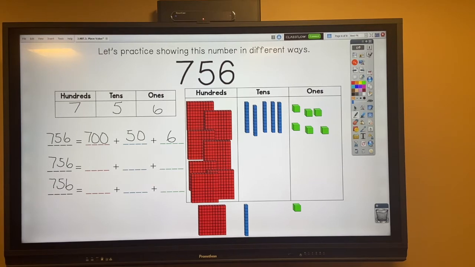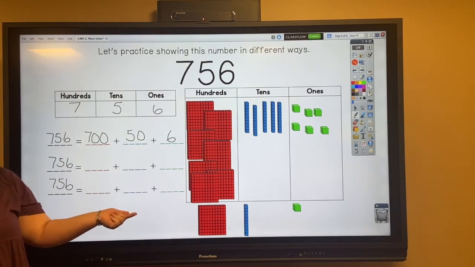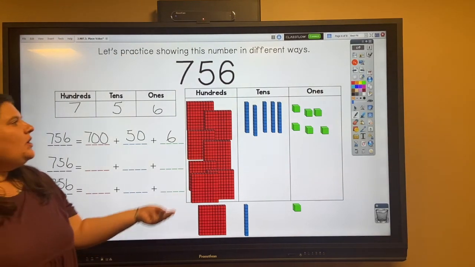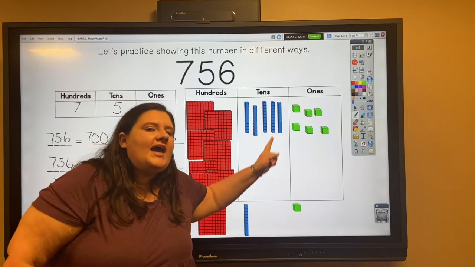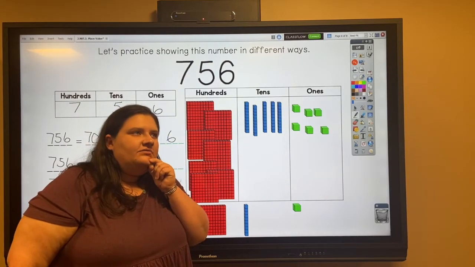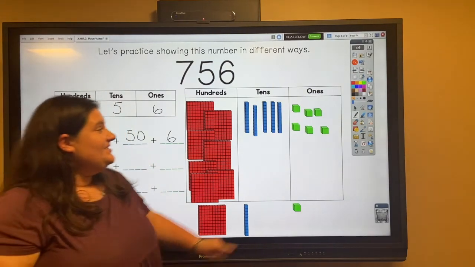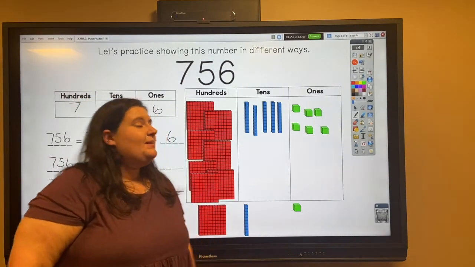Let's see if I can think of a different way. Well, what if I didn't have any hundreds flats or tens? What if I had nothing but ones pieces? How many ones pieces would I have? I would have 756 little ones bits.